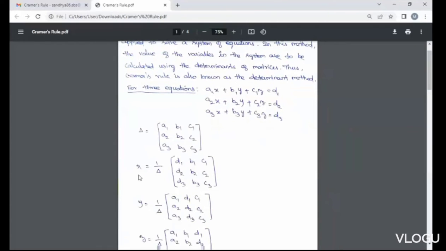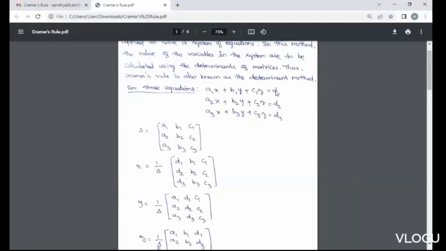Then we have to find the values for x, y and z. The methodology to find x is 1 by delta times one determinant. In that determinant, the first column of delta is replaced by the RHS values of the given equations.